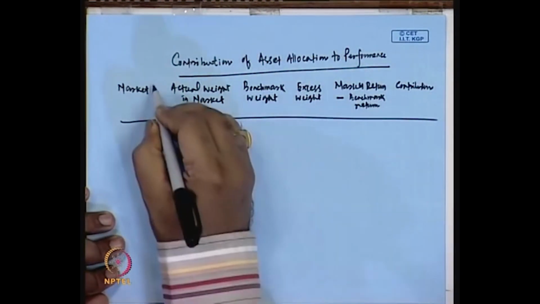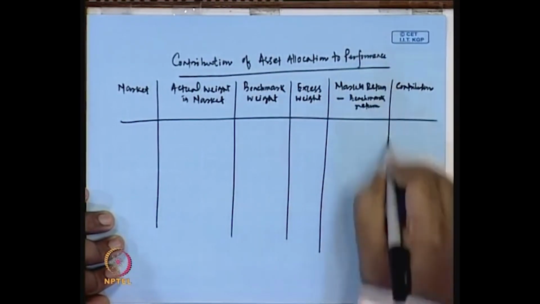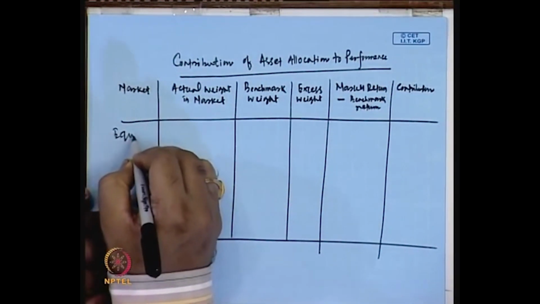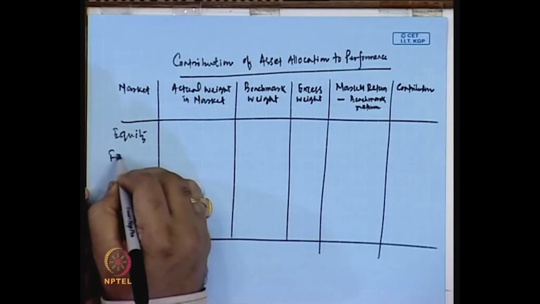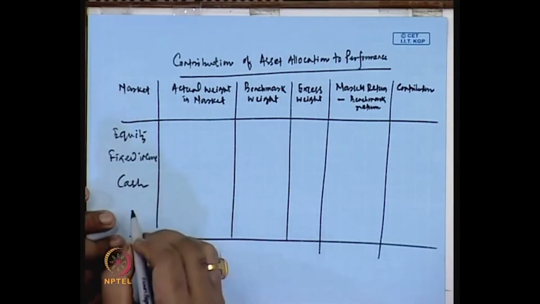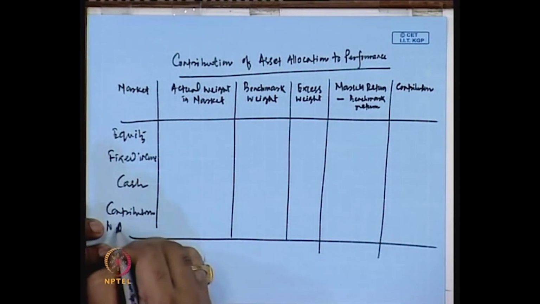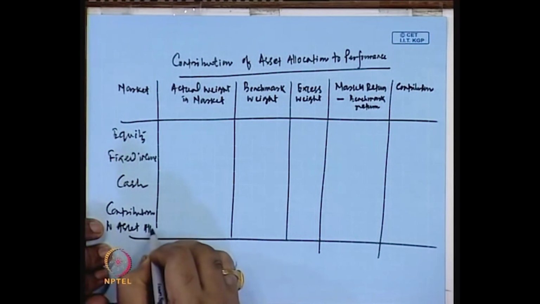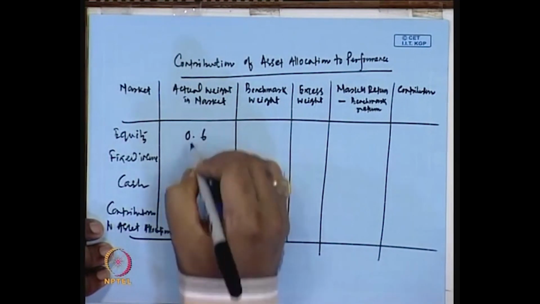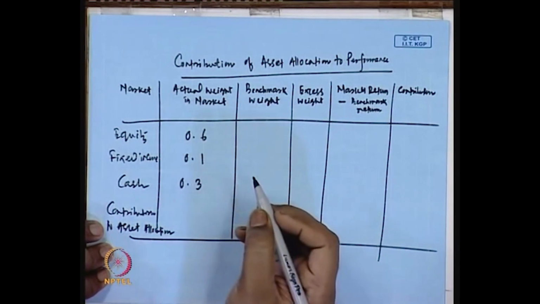If you observe what we have taken, it will be clear: we have taken equity, fixed income or bonds, and cash, and this is your contribution to asset allocation. Actual weights are 0.6, 0.1 and 0.3.